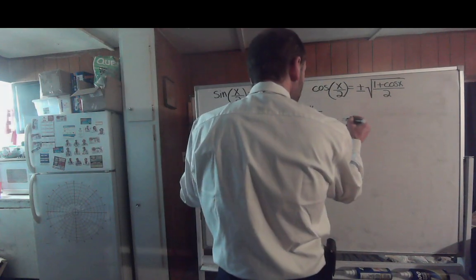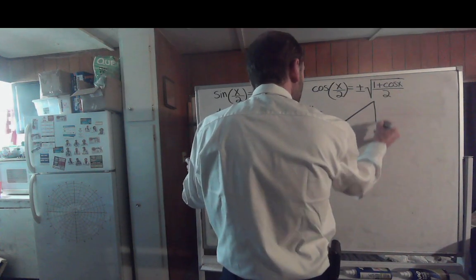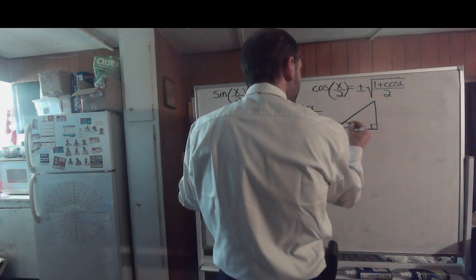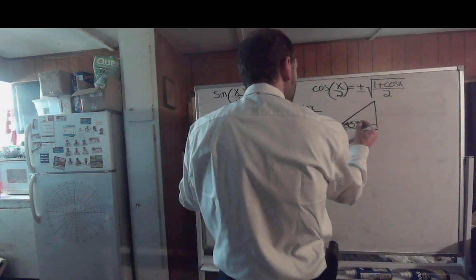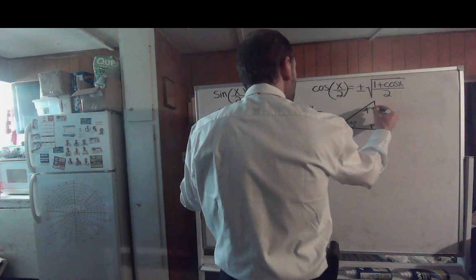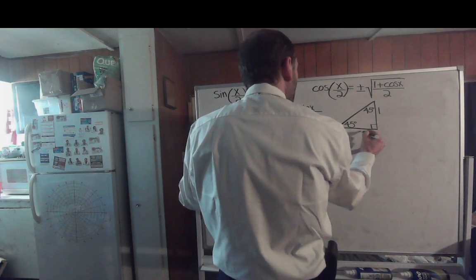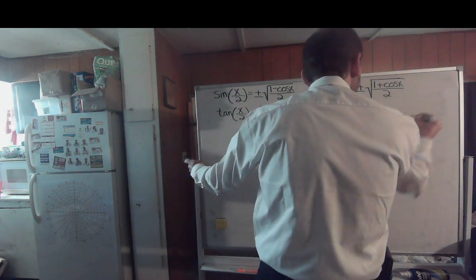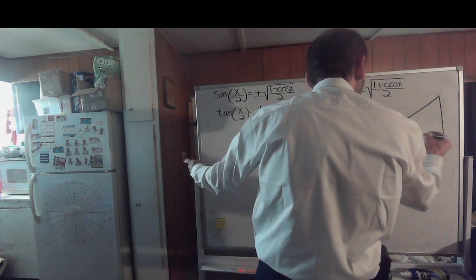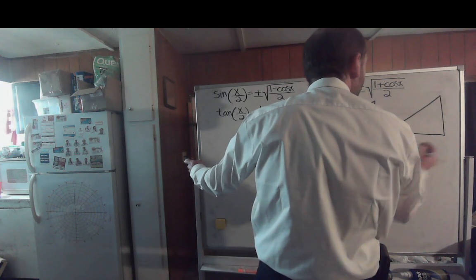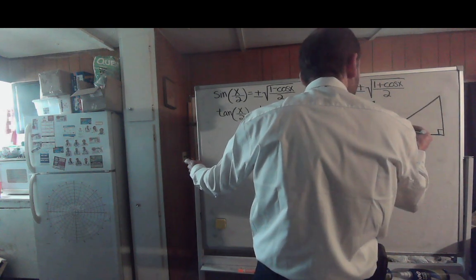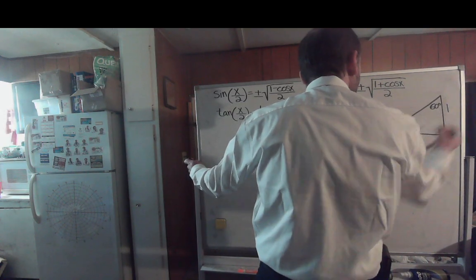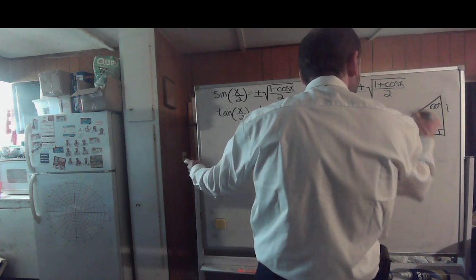So I'm going to build my two triangles here. This definitely looks more like a 45, 45, 90 triangle. 1, 1, square root of 2, and then let's do a 30, 60, 90 triangle. So let's see, 30, 60, 90, 1, square root of 3, and then 2.